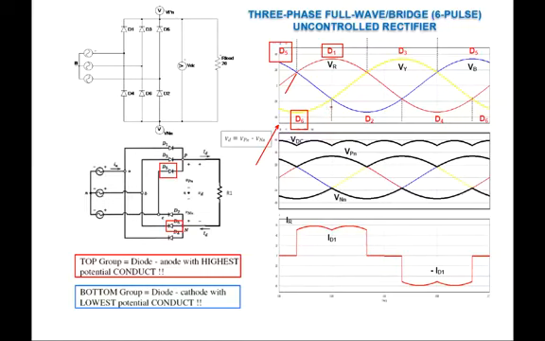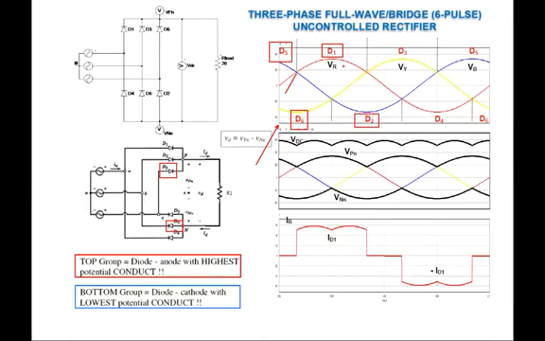But when it crosses this intersection between the blue and yellow waveform, then we see the blue waveform has its lowest potential, and therefore it changes to D2 here, right?